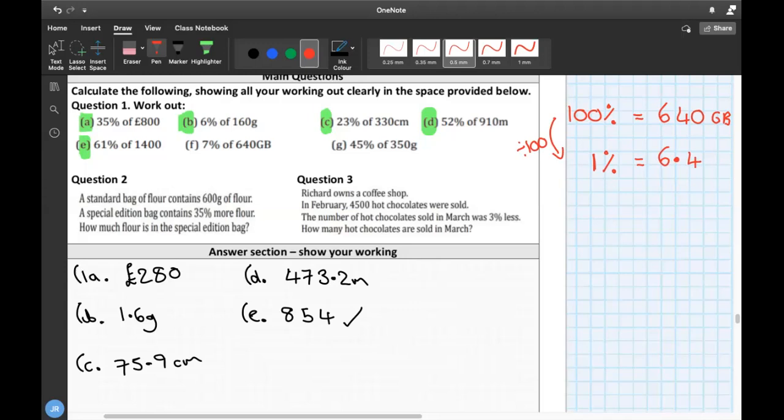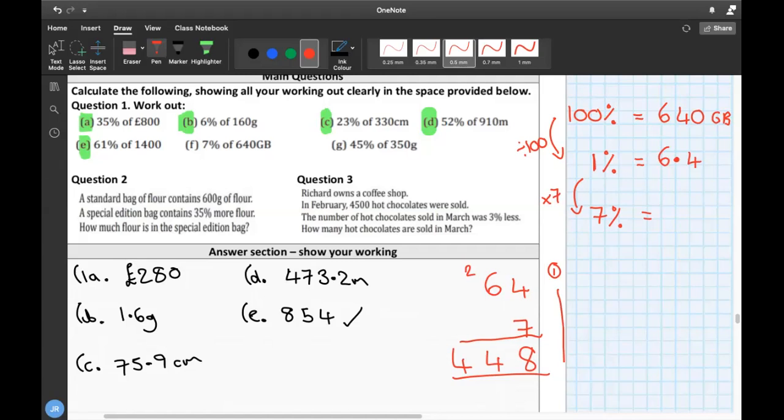Okay, a couple of different ways you could do this. You could have gone to 10% and 5% and then added 5% and 2%. I'm just going to go straight away to 7%. How did I get from 1% to 7%? Multiplied by 7. So I now need to do 6.4 multiplied by 7. Taken out one decimal place here, so I must put one decimal place back in when I finish that calculation. 4 sevens, 28, carry the 2. 6 sevens, 42, add the 2, 44.